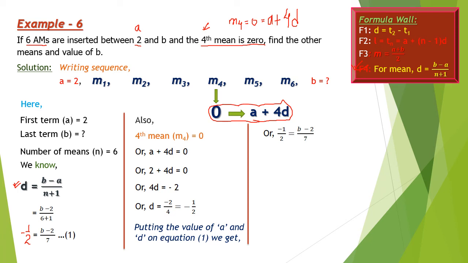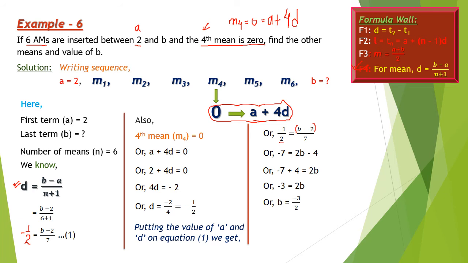Minus 1 by 2 equals b minus 2 by 7. On cross multiplication, minus 7 is equal to 2b minus 4. Now this 2 multiplies b minus 2, so minus 7 plus 4 equals 2b, or minus 3 equals 2b, or minus 3 by 2 equals b.